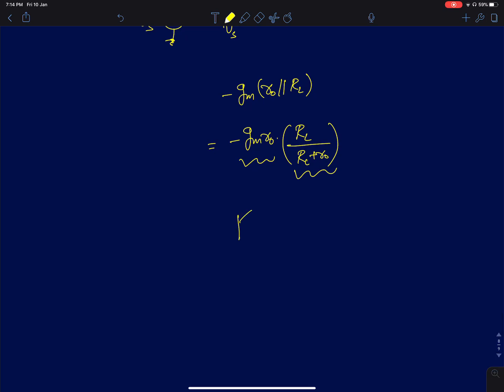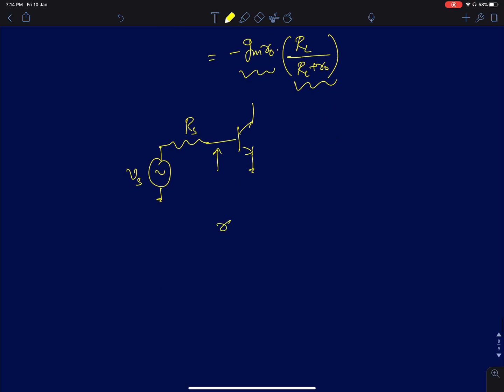For the bipolar junction transistor, the only difference is you have an input resistance of R pi. So when you apply Vs, the voltage at this point is going to be R pi upon R pi plus Rs. Okay, that is what gets multiplied by minus gm R naught into RL by RL plus R naught.